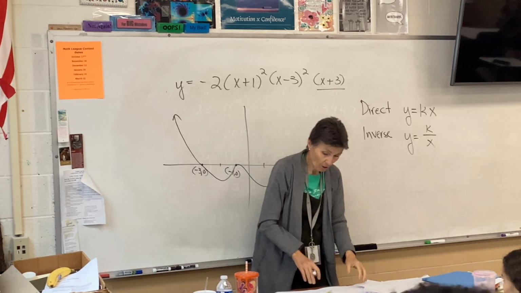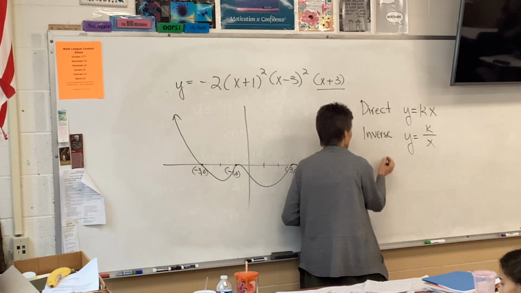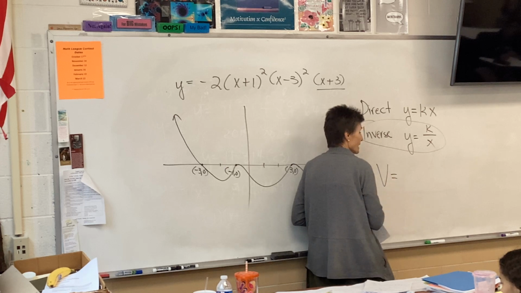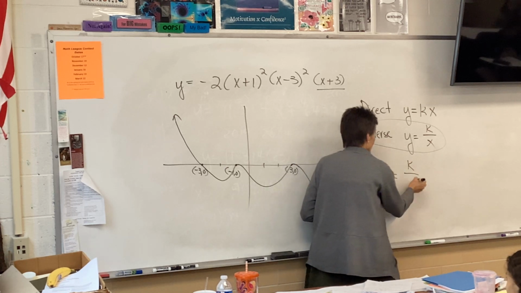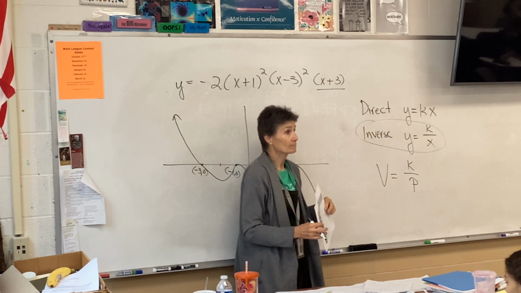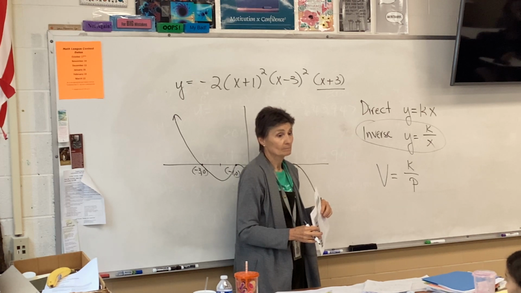Now, what's happening in our problem? In our problem, it says volume, it's inverse. So volume, the first thing, equals k divided by pressure, which is the second thing. Same thing.